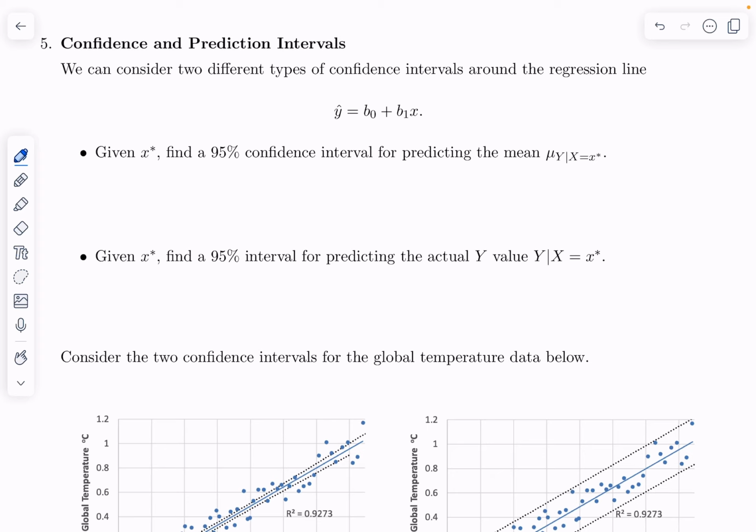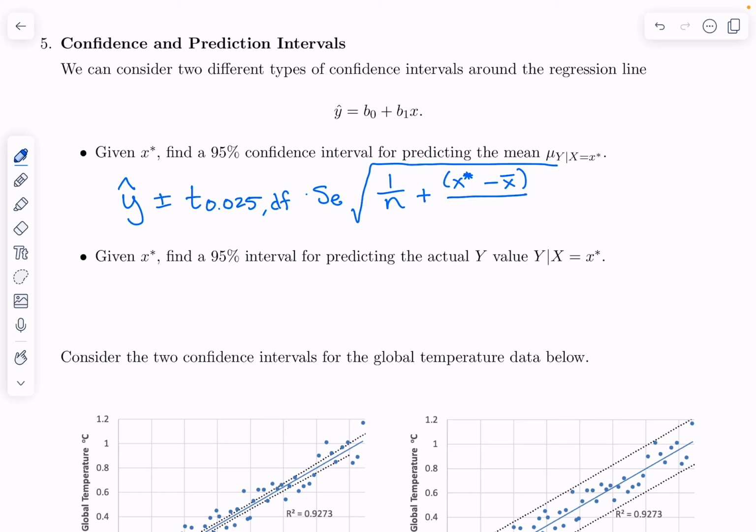That confidence interval is going to be given by y hat plus or minus t 0.025 with the degrees of freedom times the residual standard deviation times the square root of 1 over n plus, n being the sample size, x star, that's the given x value, minus the sample mean for our x's, squared, divided by n minus 1 times the standard deviation of our x's squared.